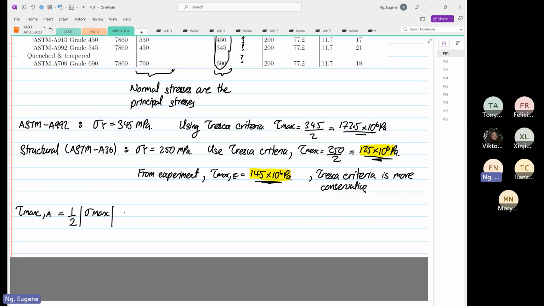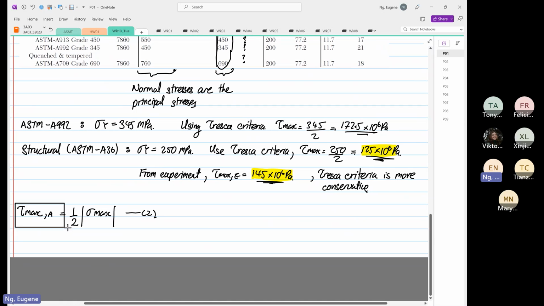This is our equation 2. So when do we apply equation 2? This is based on analysis, not on material properties.